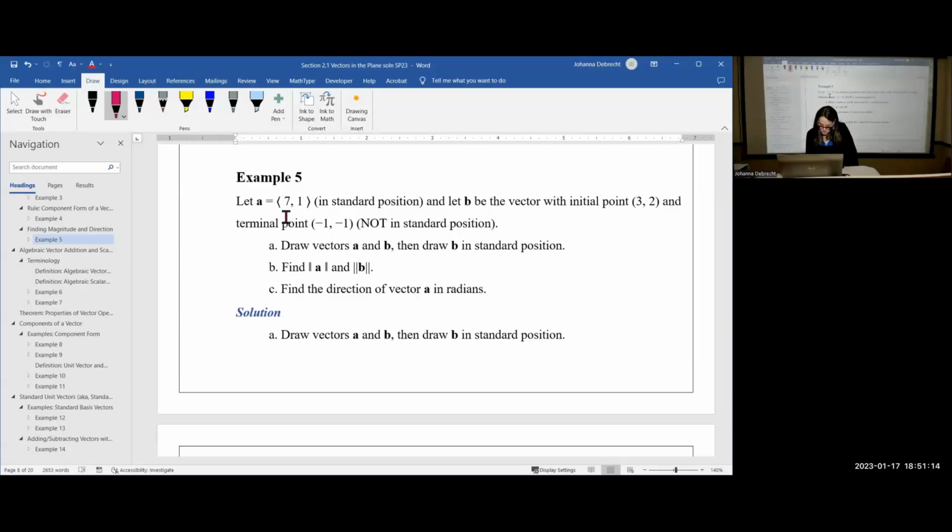All you need to do to find the magnitude of A is just take the square root of 7 squared plus 1 squared, which is 49 plus 1, which is 50. So we get the square root of 50, which gives me 25 times 2, or 5 square root of 2. That's the magnitude. That's the length of that particular arrow.